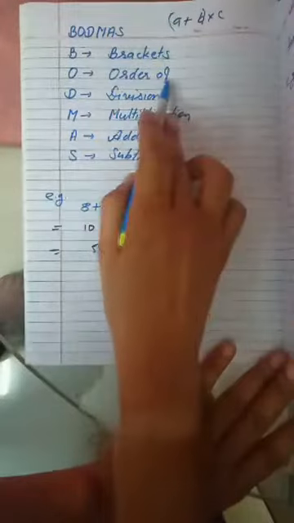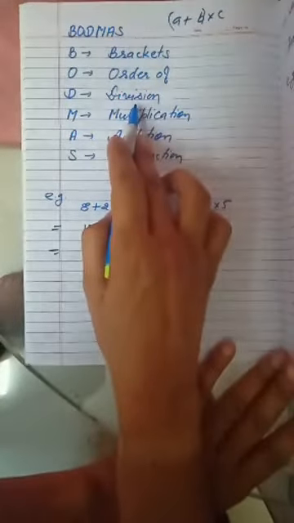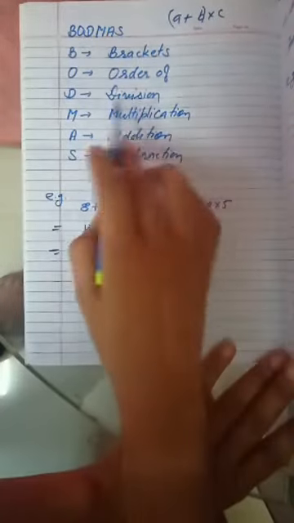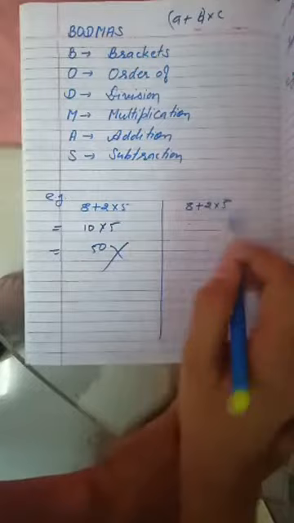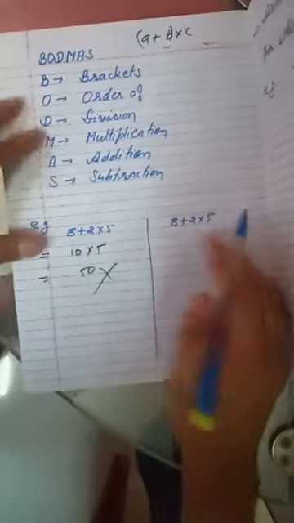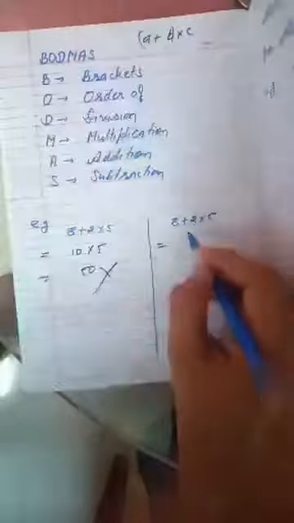According to BODMAS, first of all you have to solve brackets. There is no bracket here. Then you follow the order: division first. There is no division here. Multiplication is there, so first of all you solve multiplication.